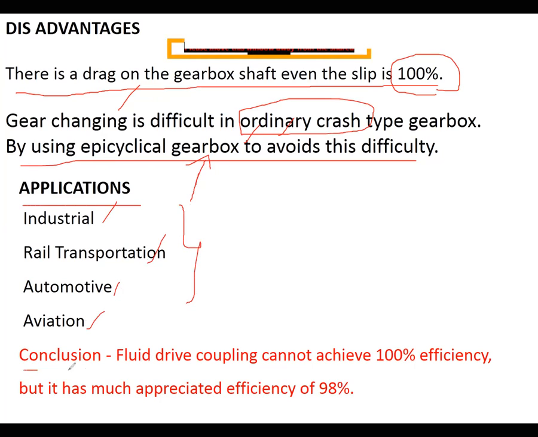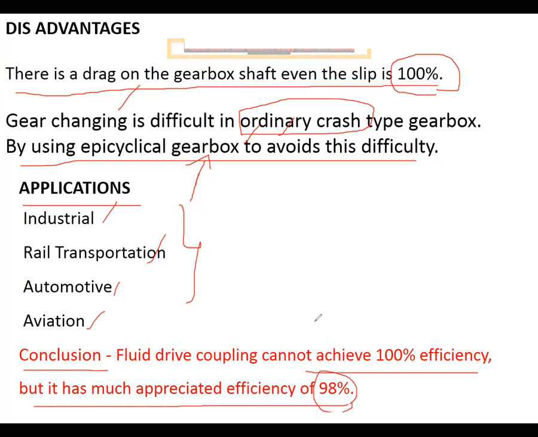Finally, my conclusion is that a fluid drive coupling cannot achieve 100% efficiency, but it has a very appropriate efficiency of 98%. Even when using mechanical clutches we cannot get 100%.